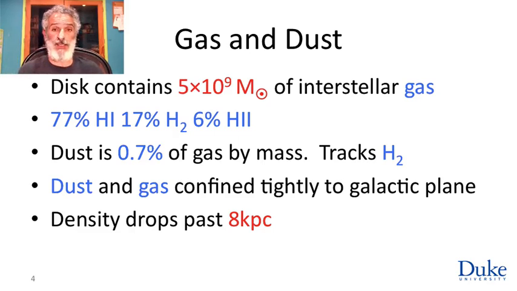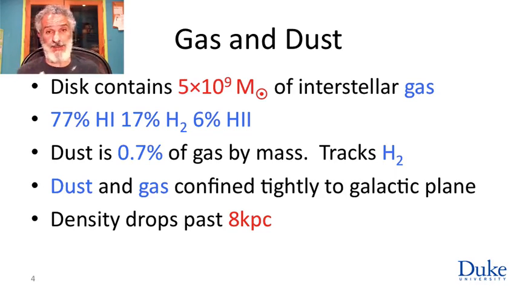This is mostly atomic hydrogen, some molecular hydrogen, some ionized hydrogen, and of course traces of everything else. The molecular hydrogen is tracked well by dust. In terms of mass, dust contributes very little to the mass of the galaxy. What is important about it, of course, is its optical properties. It does contribute to extinction.